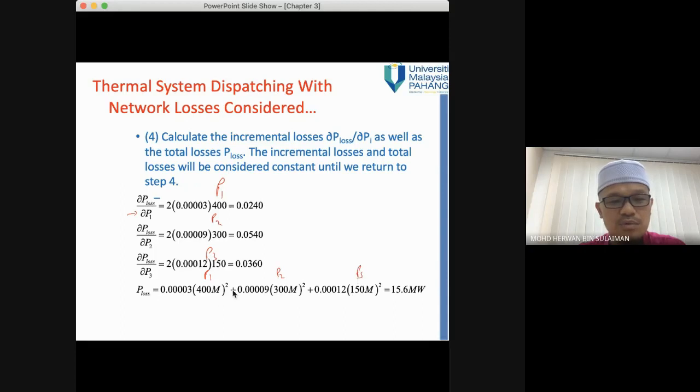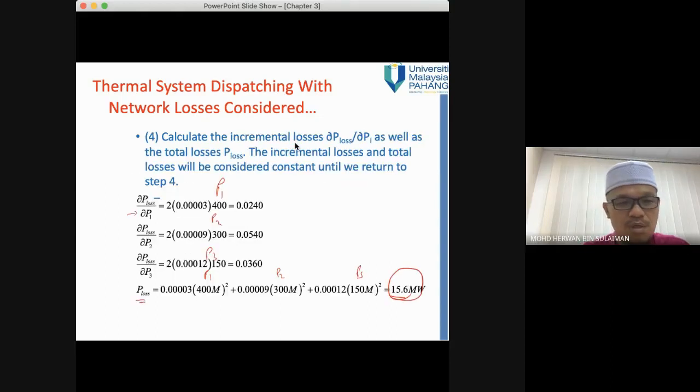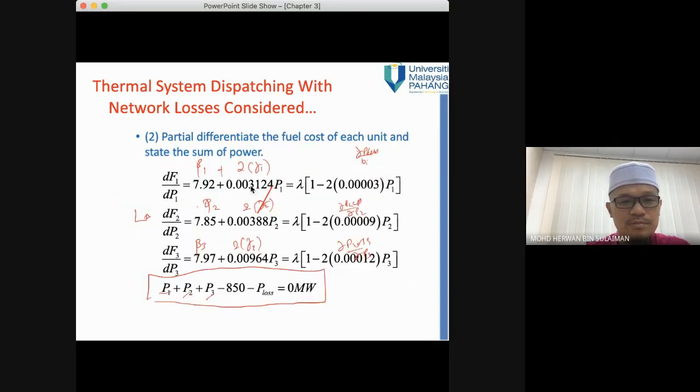You just put all the values into this expression, so you get your loss equal to 15.6 megawatts. Next, we put this into the equation just now: this one is unit number 1, unit number 2, unit number 3. We already know that this equation has 0.024. You just put it here.